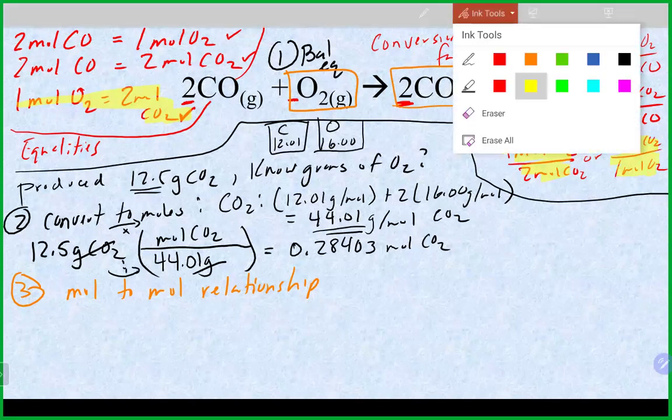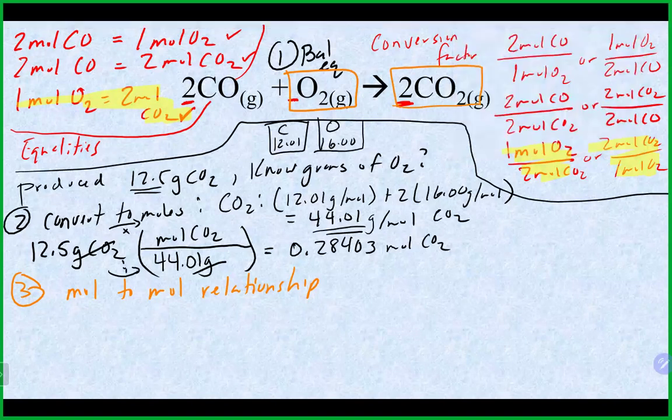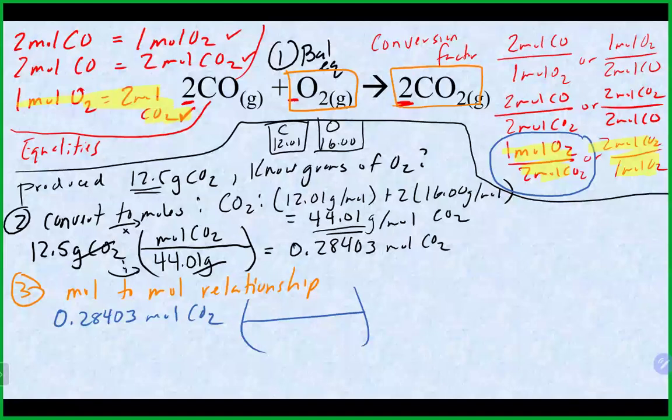So now we're going to do the calculation, and what we're going to do is take the number we had before, 0.28403 moles of CO2. Once again, I want CO2 to go away, so we want CO2 in the opposite location. In this case, that is the conversion factor on the left.